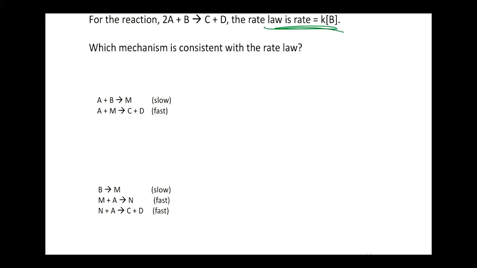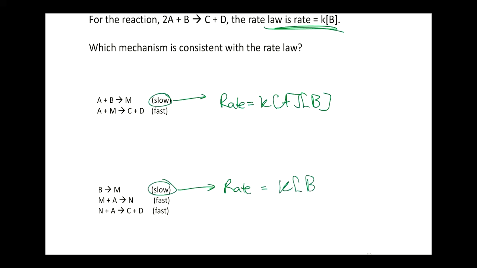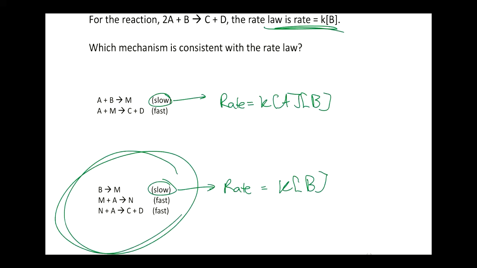So which mechanism is consistent with that? The first one or the second one? The second one, yes, because both of these have a slow first step, so they're the easy ones, right? So here, for this first mechanism, your rate law is K times A times B. But the second one, because the slow step is the first step, is equal to K times B. So here, yes, the second mechanism is consistent with the rate law that was given.